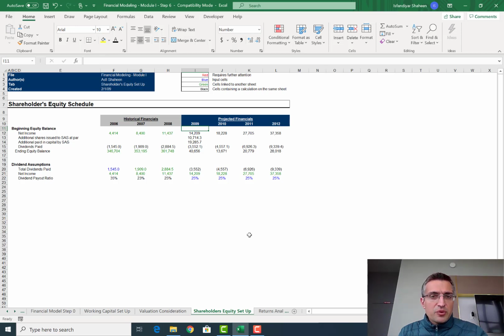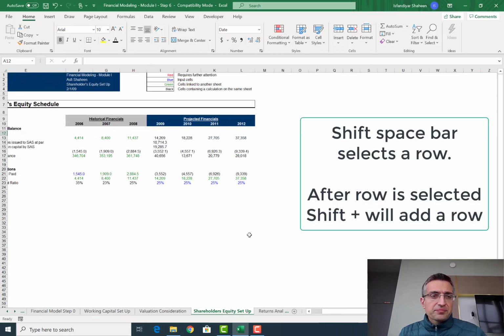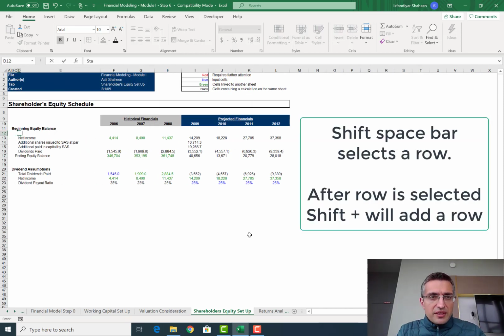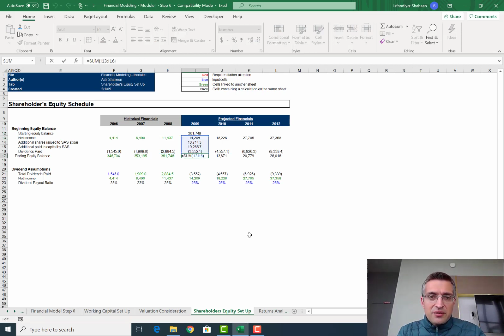which we did not put in over here, and we're just going to do that now. So I inserted a row and I said I need my starting equity balance. My starting equity balance is just the previous year's ending equity balance, and now all of the summed up will be the ending equity.